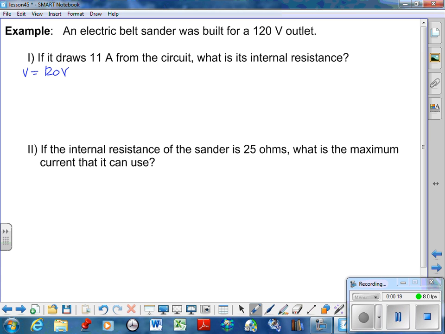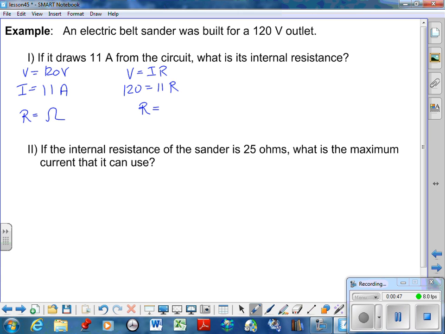And I know some of you are saying, well, I know what to go to right away, and that's fine. But you need to have a fallback if you can't remember what you're supposed to do or you're not sure. So V equals IR, so 120 equals I, oops, I know what my I is, 11 amps. And you're finding resistance. So just using your math skills here, you divide both sides by 11.